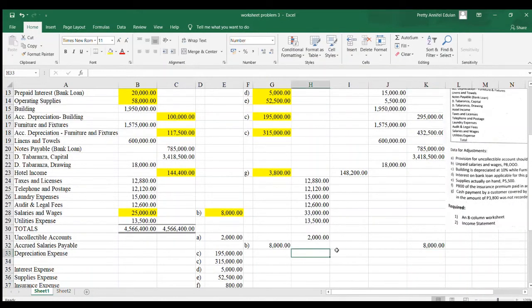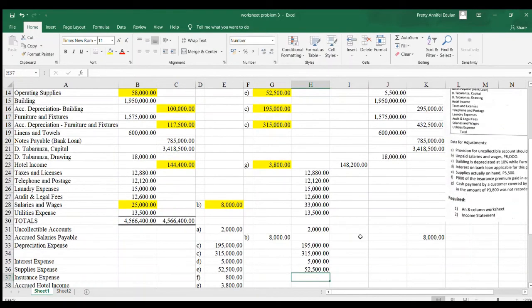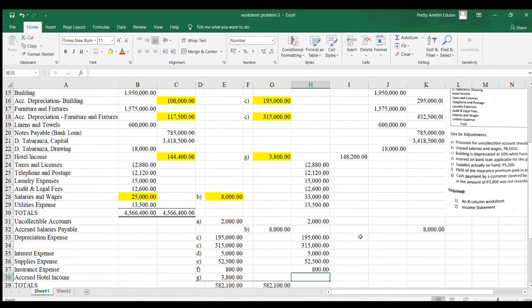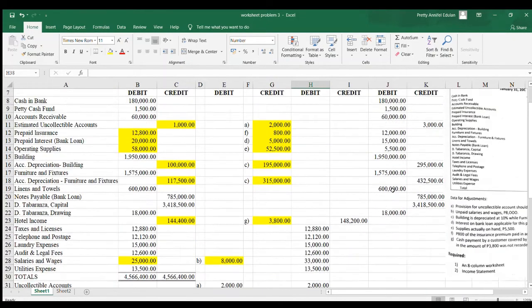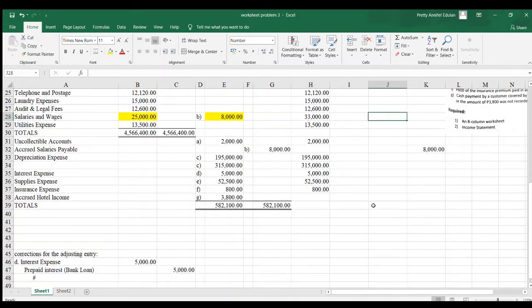Depreciation expense, this is in the income statement, debit side. So we have two depreciation expenses. Interest expense is an expense. Supplies expense. Insurance expense. Accrued hotel income, this is an asset. If it's an asset, it's in the debit. So it's here, 3,800.